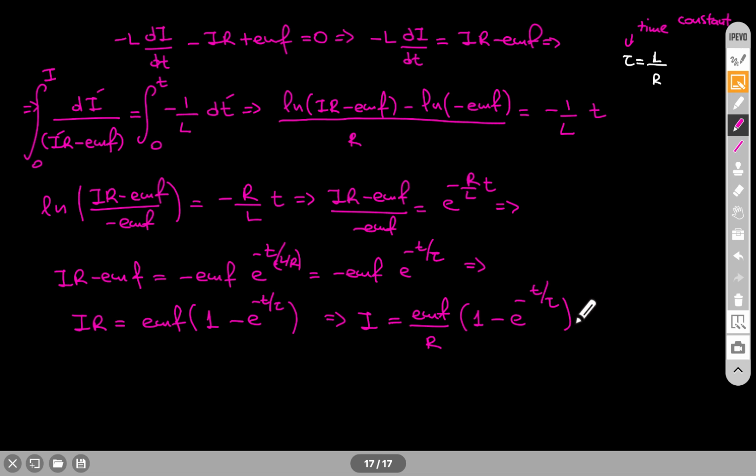This is the expression for the current, and this shows you that the current in this circuit is a function of time, and the time constant shows you how much time you need to wait until the current gets the value that it would have if you did not have the inductor in the circuit.